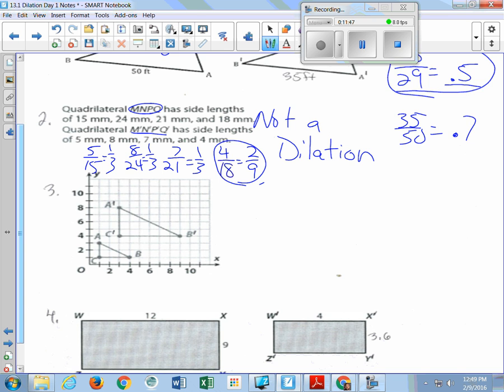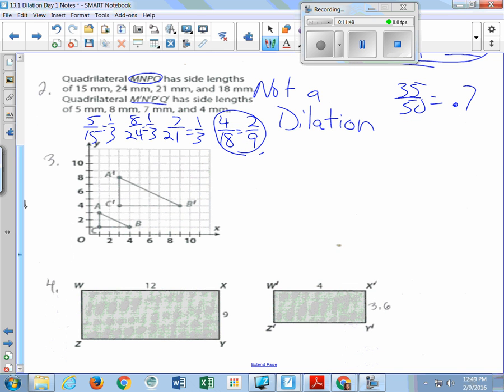Okay, going on to number 3. We have two triangles here. We only have 2 sides that we can measure: AC on both and CB on both. We do this by counting the squares. 1, 2, 3, 4, so that's 4. 1, 2, 3, 4, 5, 6, so that's 6.